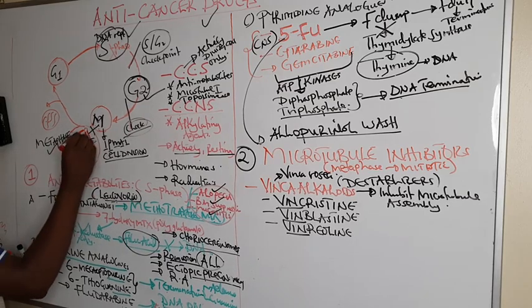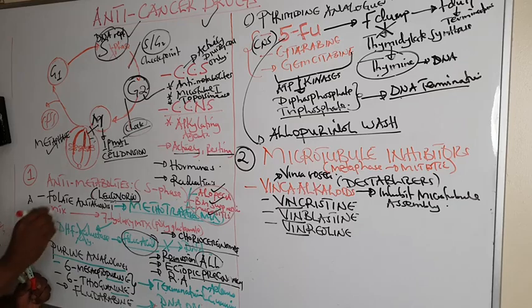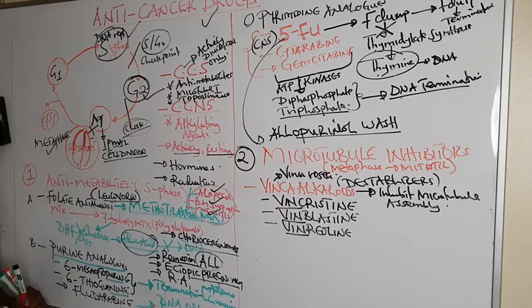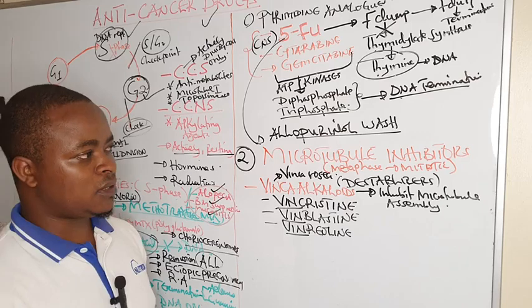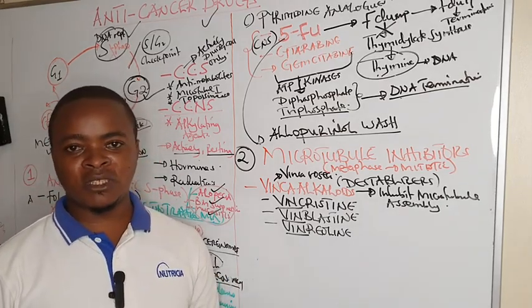So if I inhibit dimerization or polymerization of these microtubules to align at the equator of spindle during metaphase, we are not able to continue with mitosis. They will not be able to pull the sister chromatids to the opposite poles.